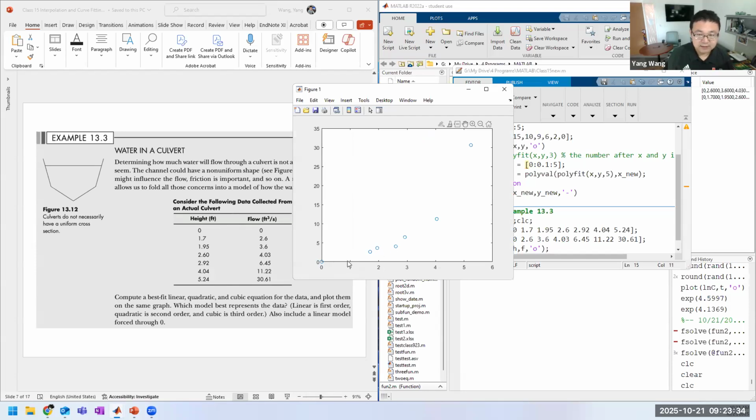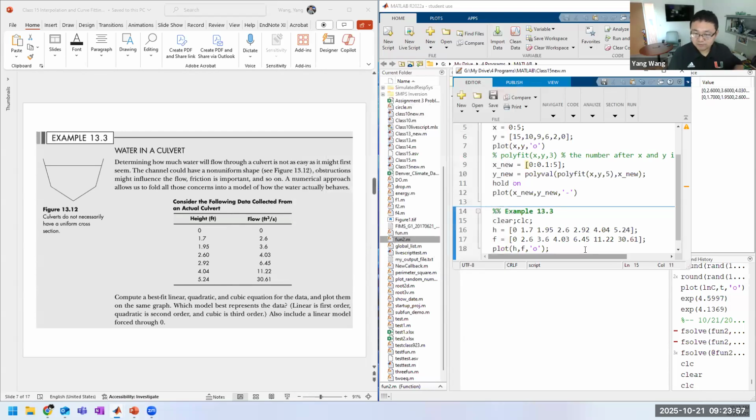And as the height increases, especially when the height is really high, then you're going to also see a very high flow rate. So by just looking at this curve, you might think this could be a second order or a third order trend, because it doesn't look linear for sure.